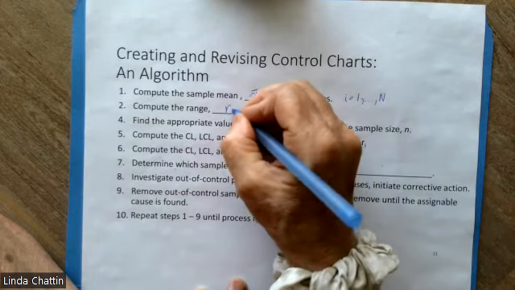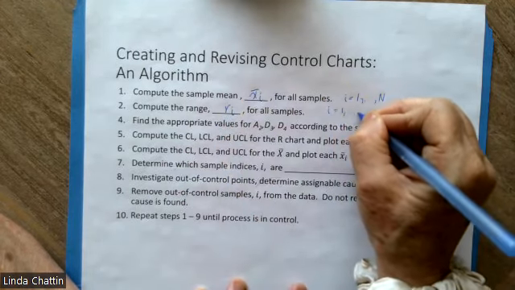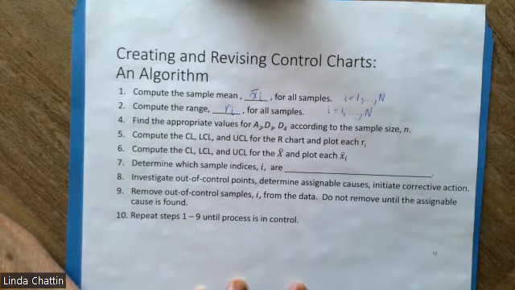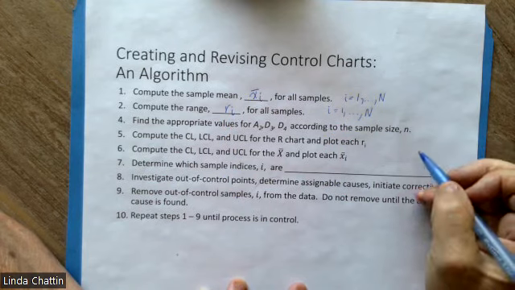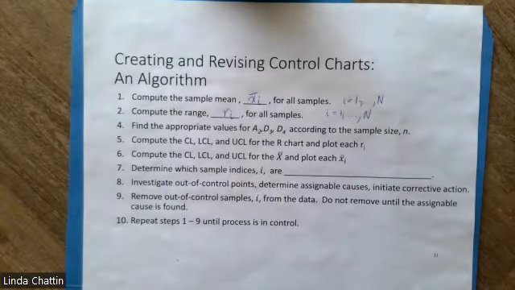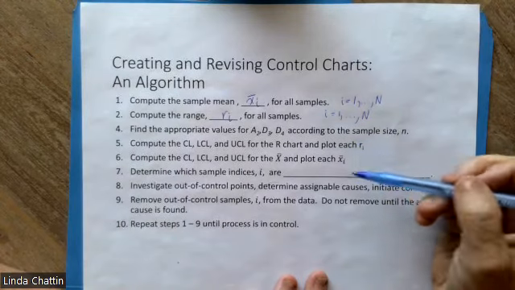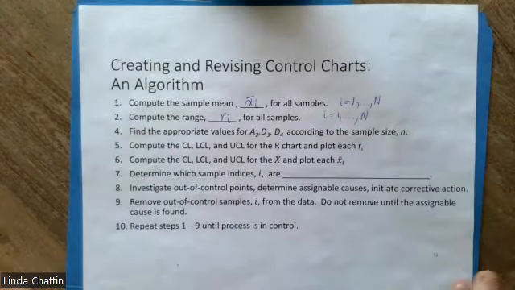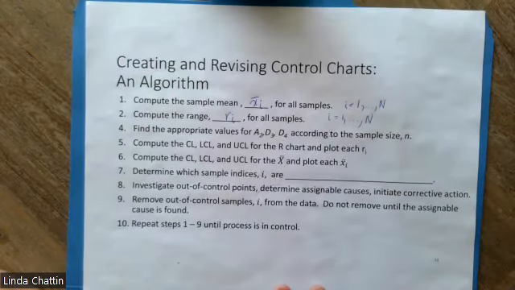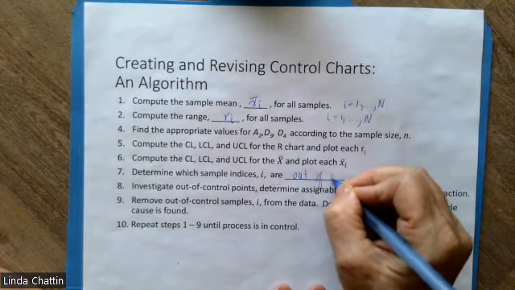Compute the range R i for all samples, i equals 1 up to N. Then find the appropriate values according to the sample size, from this chart right here. Make sure you know what the sample size is. Then compute the upper and lower control limits for each R and X bar i, and determine which sample indices are out of control.